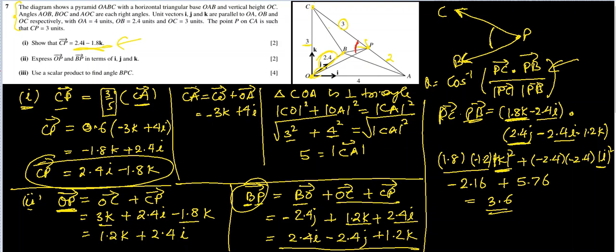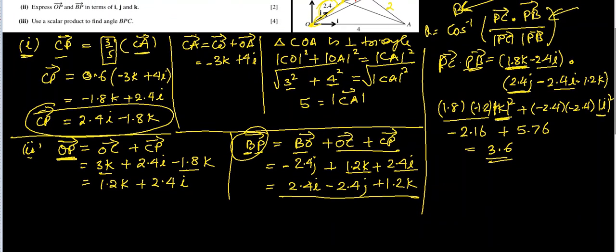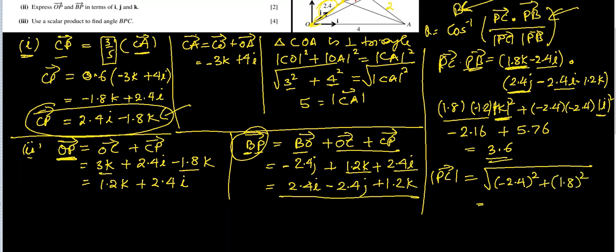Now we need to know the magnitudes of PC and PB. The magnitude of PC first will be the square root, and PC is this one with negative, so minus 2.4 squared plus 1.8 squared, which will be 5.76 plus 3.24, which is 9, and if you take the square root, the magnitude of PC is 3.